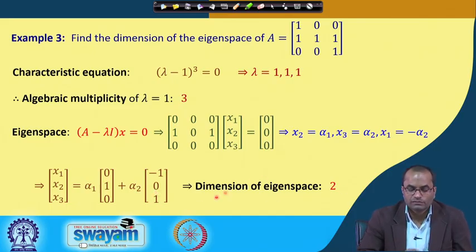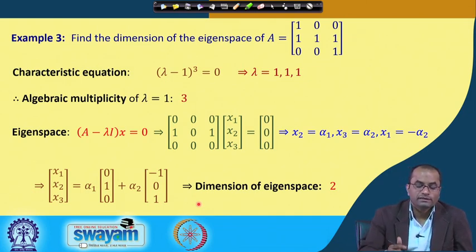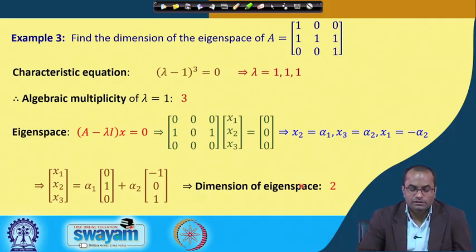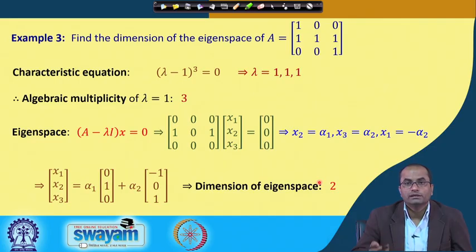So, the dimension of this eigenspace is 2, or the geometric multiplicity of this lambda equal to 1 is 2 in this case. So, though it was repeated 3 times, we got the dimension as 2, not 3 and not 1, but the possible values here could be 3, it could be 2 as is the case here, but it can be 1 as well.